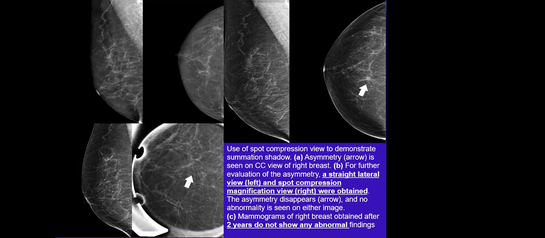What other issue? The composition of the breast. This is a fatty breast, so there is no fibroglandular tissue that might obscure this asymmetry in the other projections. Excellent, well done. What else?